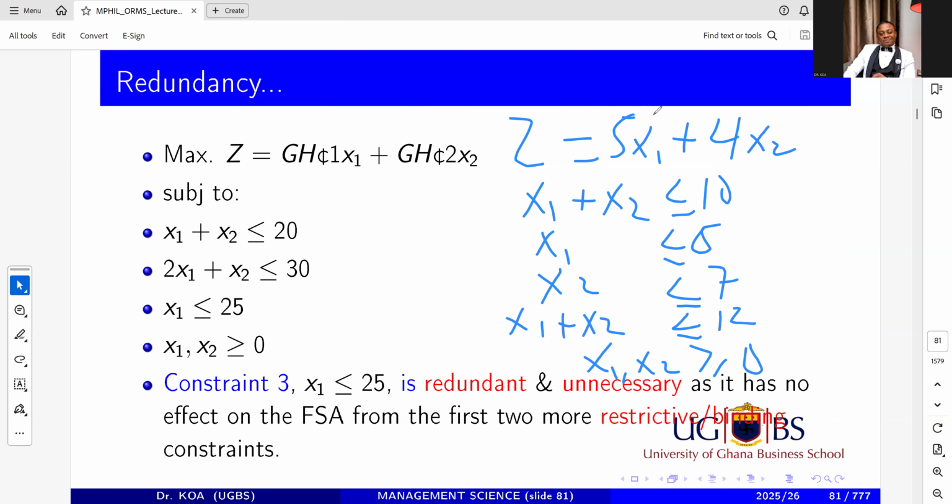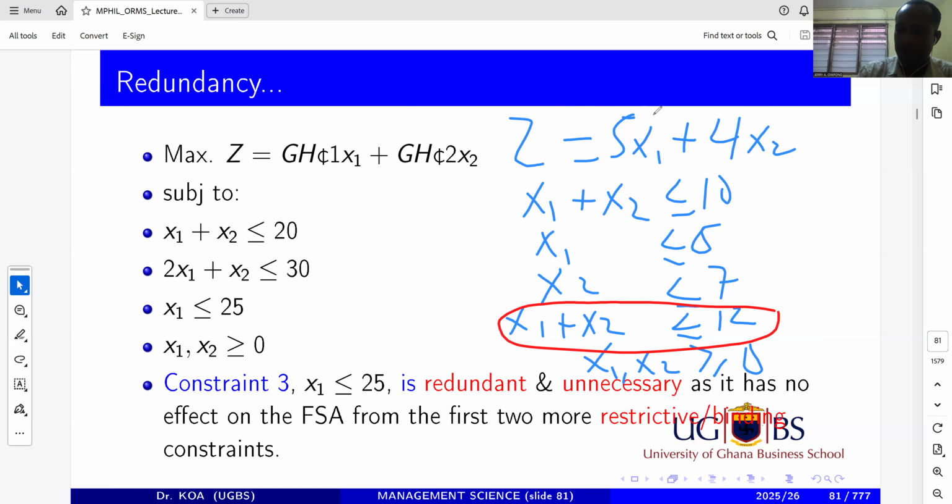Why? You look at the constraints, you start drawing, and you feel it. Some constraints are not needed. For example, look at the constraint x1 plus x2 less than or equal to 12. That constraint is redundant. Do you realize that? I don't know which of you drew it. If you draw this, you see that this is a redundant constraint. We don't need it.